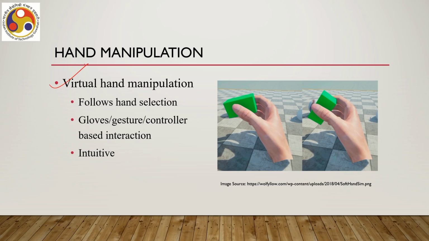The same virtual hand idea is extended here, and using the virtual hand we manipulate objects. It follows hand selection, smart gloves or gesture based manipulation or controller based interaction are implemented to do the manipulation, and it is the most intuitive way of manipulating objects.